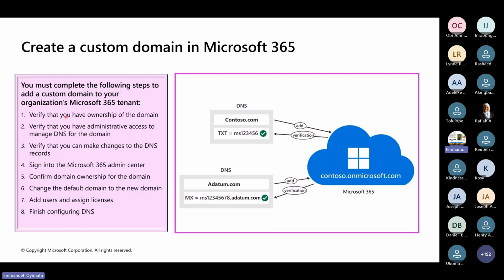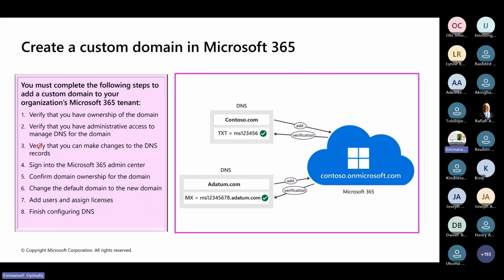The first step is to verify you have ownership of that domain. For you to verify ownership, there are some records that you need to populate in your DNS registrar where you are hosting the domain name. First, you need to verify that you have administrative access to manage DNS for the domain. If you don't, there's no way you could do that.